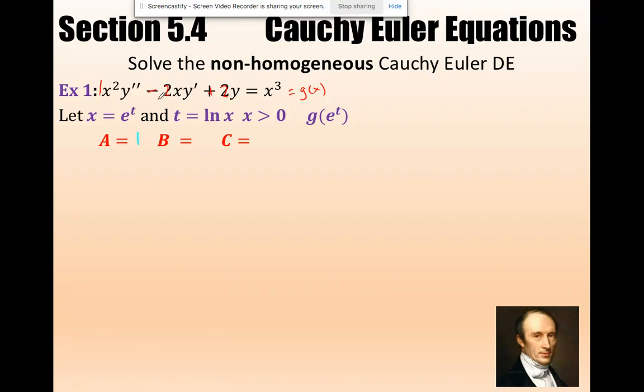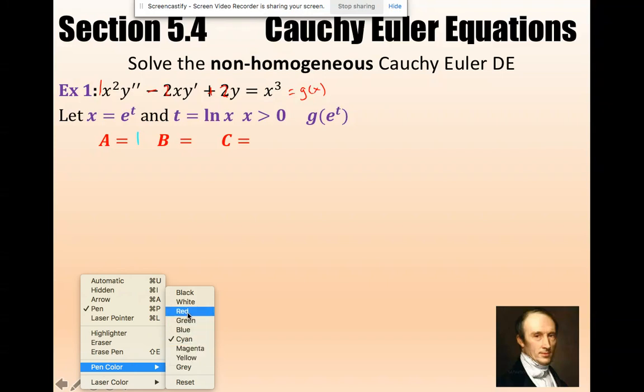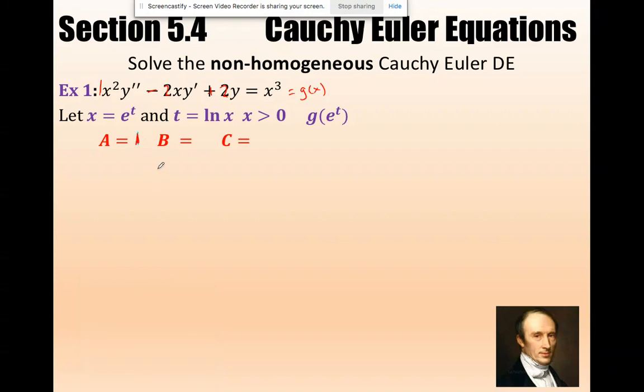Capital B is little b minus little a. C is still c. But g of e to the t is e to the 3t.